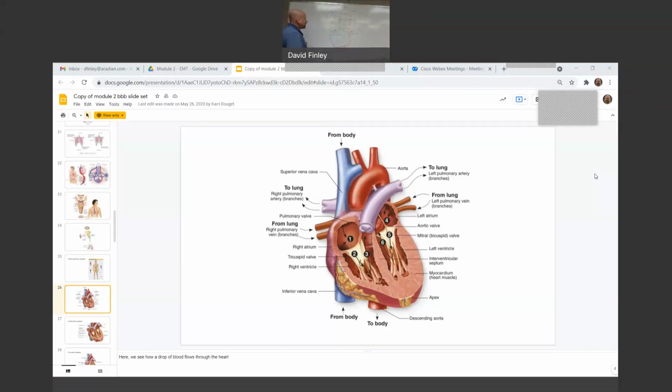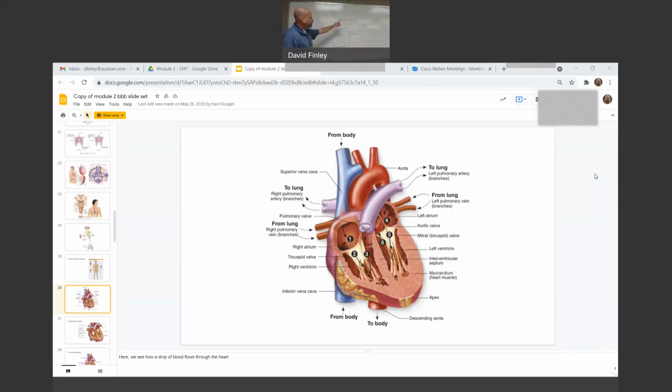So for the purpose of this course, this is all y'all really need to know about blood flow and how it gets to the body. It's much more complicated, but for this course, this is what y'all need to know, okay? So I hope this little drawing kind of helped you.